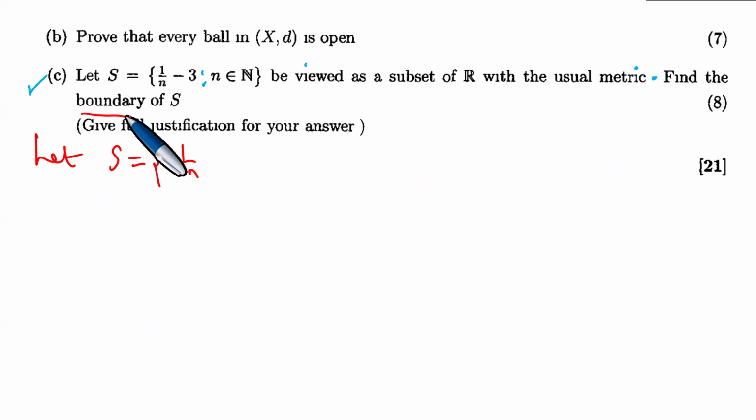We need to find the boundary of S. The set S is this one here. You can write it like this. It contains 1 over n minus 3 such that n is an element of natural numbers.